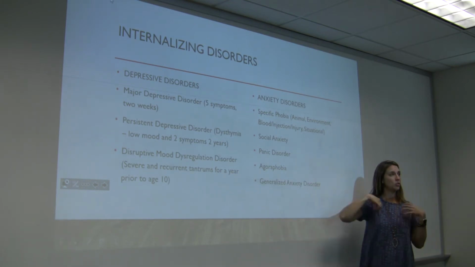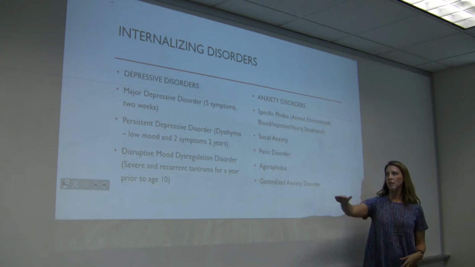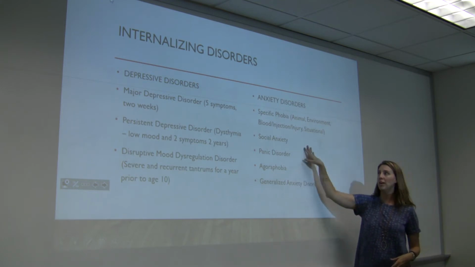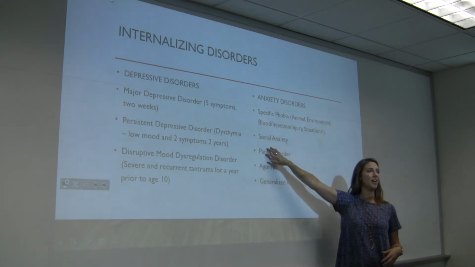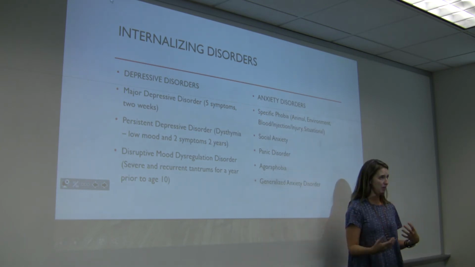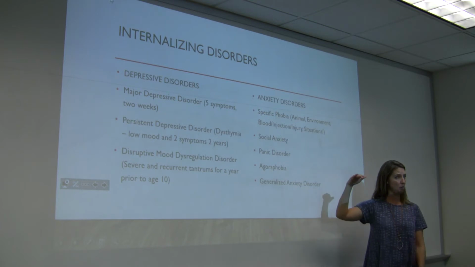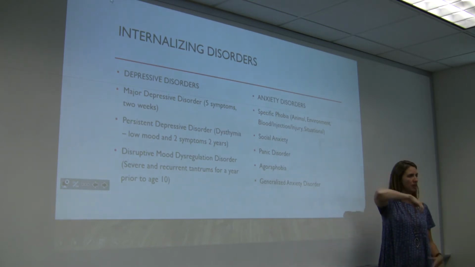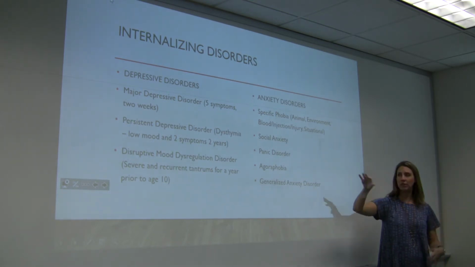Panic disorder, which is those panic attacks. Agoraphobia, which is avoiding situations because you are afraid that you are not going to be able to escape, or you're not going to be able to avoid having a panic attack, so you just stay in your environment. You stay in your home, or you stay in one place, or you venture out very little.